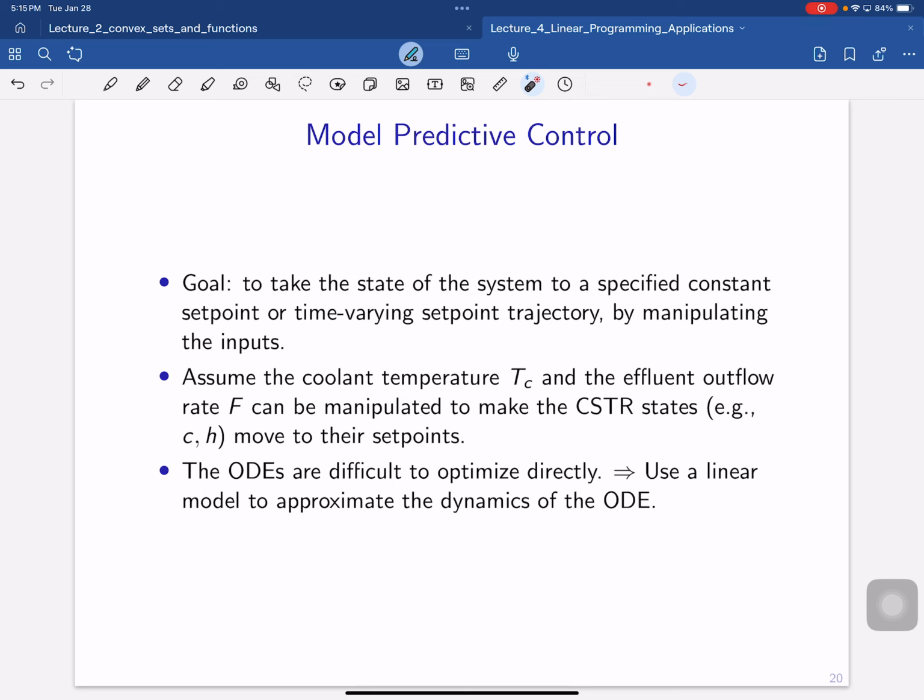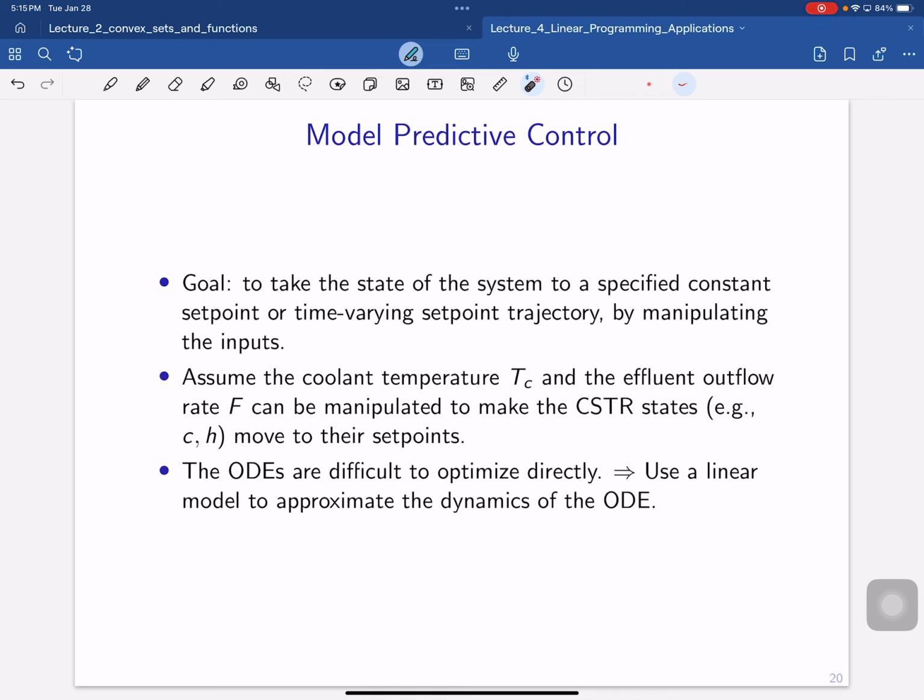You can imagine it's a quite challenging problem. So in practice, you can use a linear model to approximate the dynamics of the ODE. Remember, linear programming models have a finite number of variables. If you have an ODE constraint, you have an infinite number of variables over the trajectory of the time.